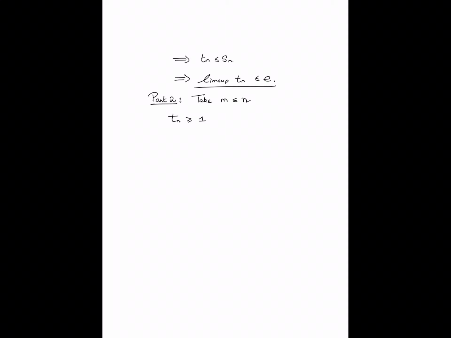So T_n is greater than or equal to 1 plus 1 plus 1 by 2 factorial times 1 minus 1 by n, all the way up to 1 by m factorial into 1 minus 1 by n all the way times 1 minus m minus 1 by n.